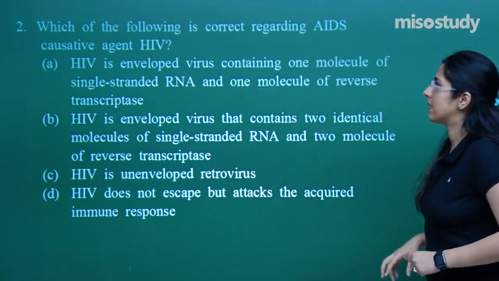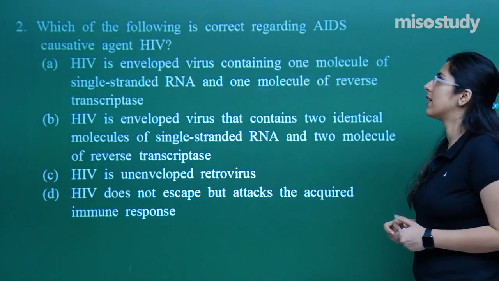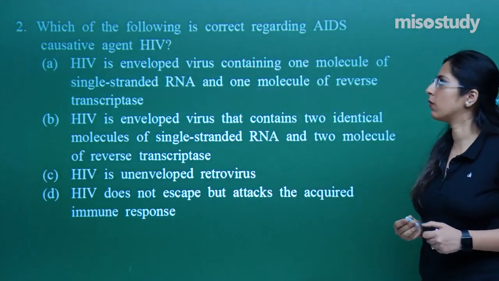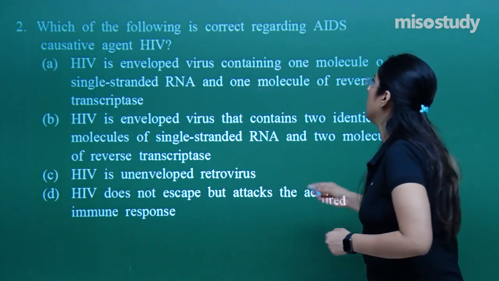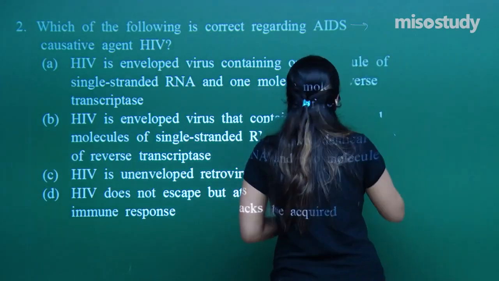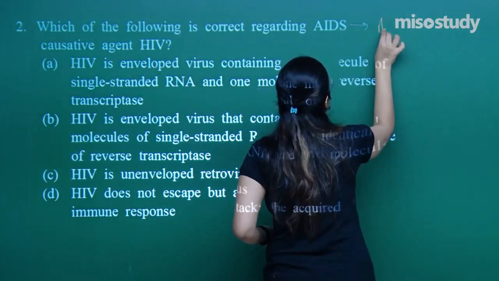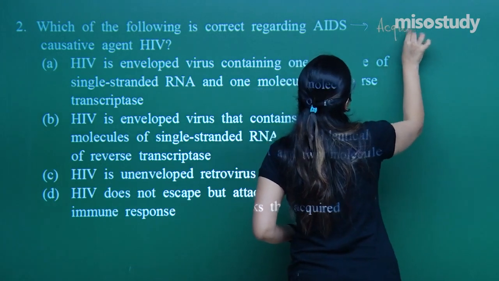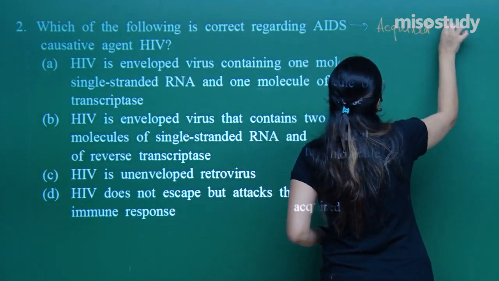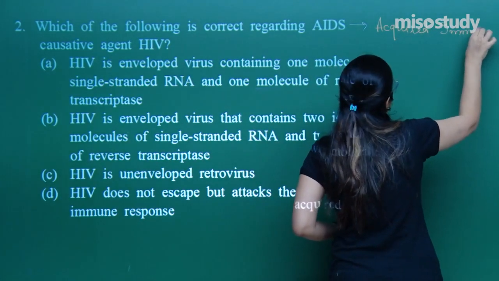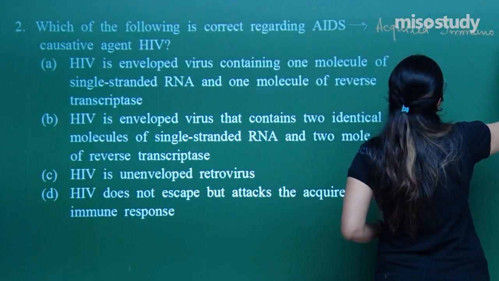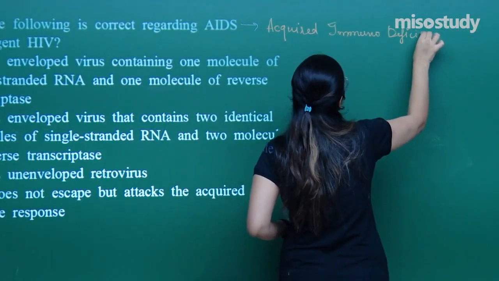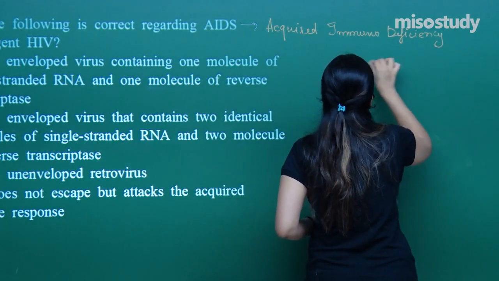This question is related to AIDS. Which of the following is correct regarding AIDS? The causative agent is HIV. Now tell me one thing, what is the full form of AIDS? AIDS is acquired immunodeficiency syndrome.